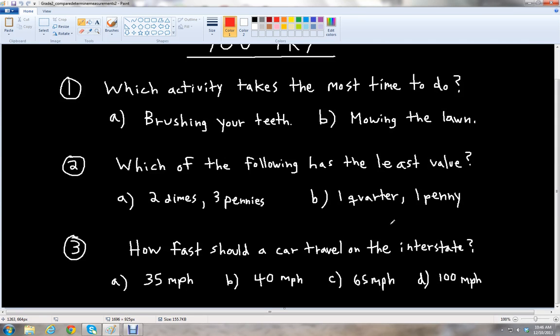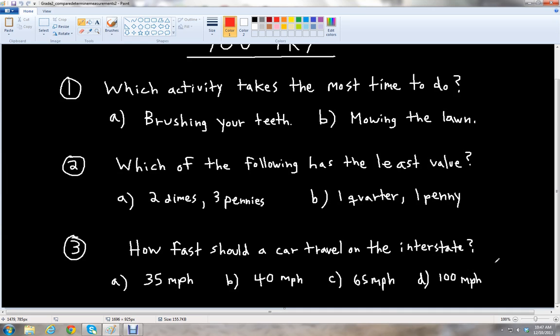And the third problem, this will be more applicable when you turn 16 and you get your driver's license and learn how to drive a vehicle. How fast should a car travel on the interstate? A, 35 miles per hour, B, 40 miles per hour, C, 65 miles per hour, or D, 100 miles per hour.